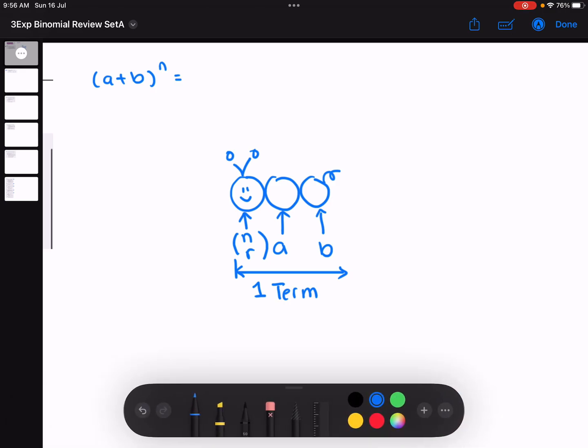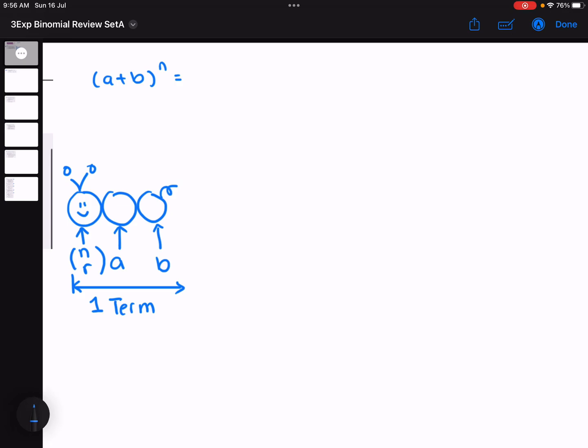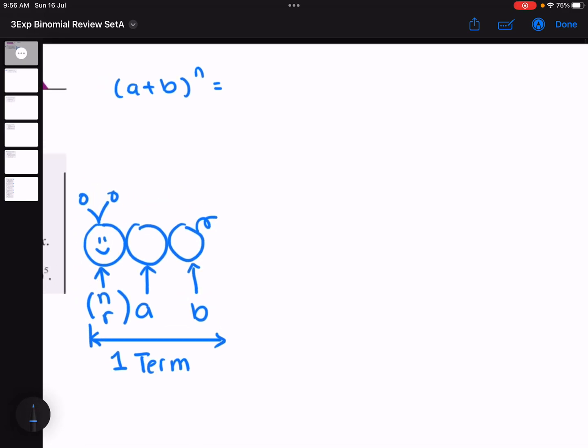Let's replicate my little caterpillar. I shift my caterpillar aside. Okay, come. So remembering that binomial starts from 0. My head is NC0. My first term starts from the biggest power, and why?